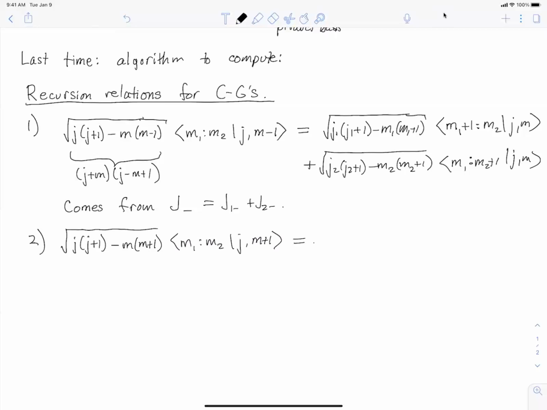On the right-hand side, there's J1 times J1 plus 1, minus M1 times M1 minus 1, because now on the right-hand side, for the M1 and M2 values, we're going to lower them. Oops, that should be a colon.